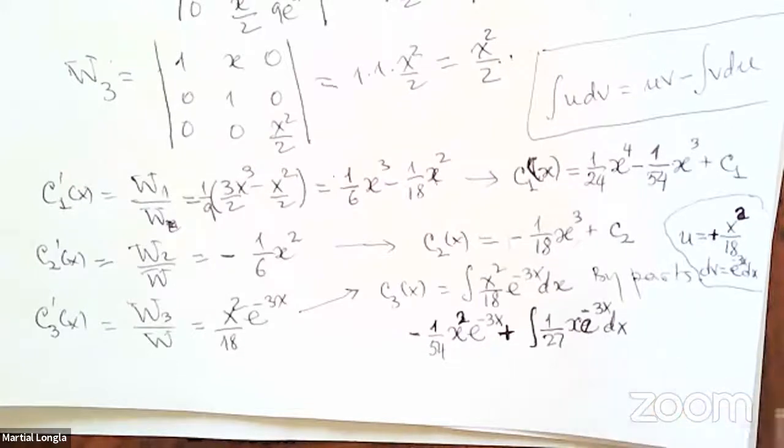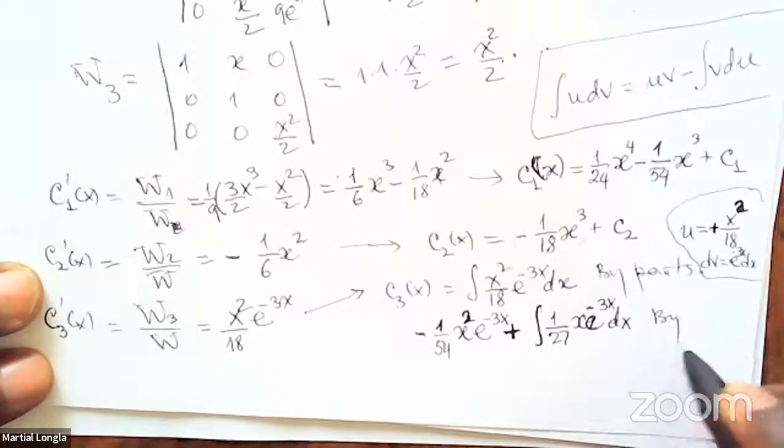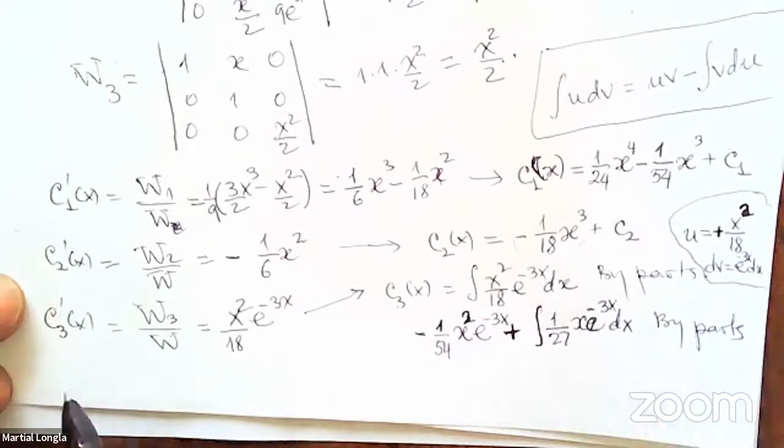Now, what happens with these parts? This is also by parts. Wouldn't it just be x over 27 times negative 1/3 e to the negative 3x minus the integral of negative 1/3 e to the negative 3x times 1 over 27?